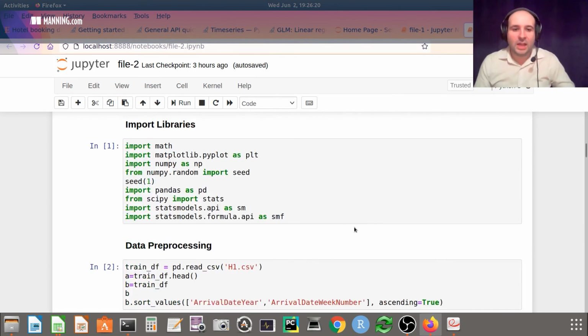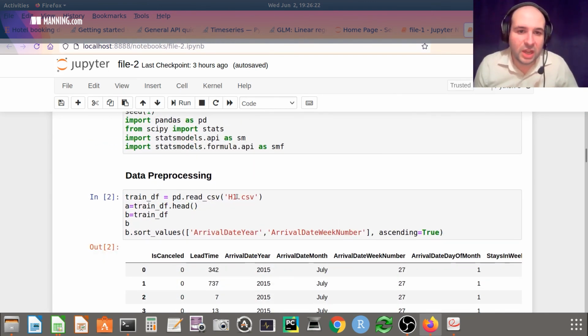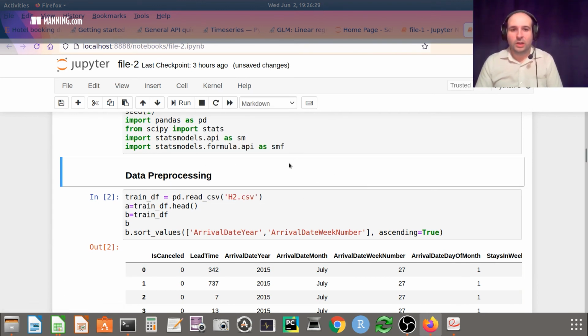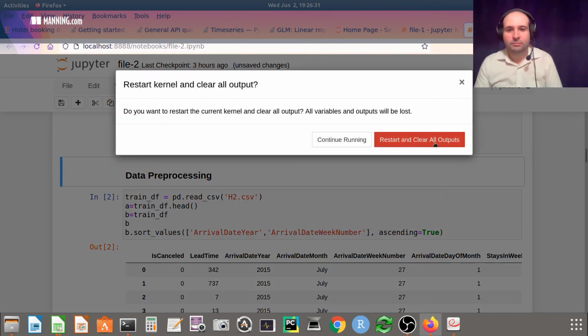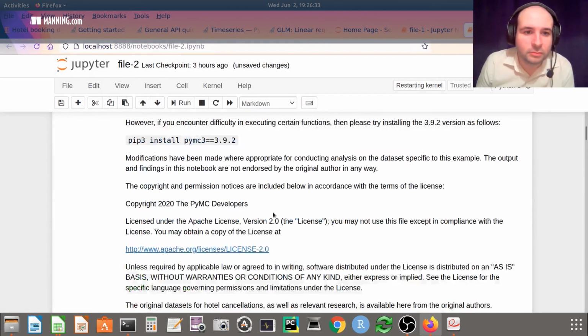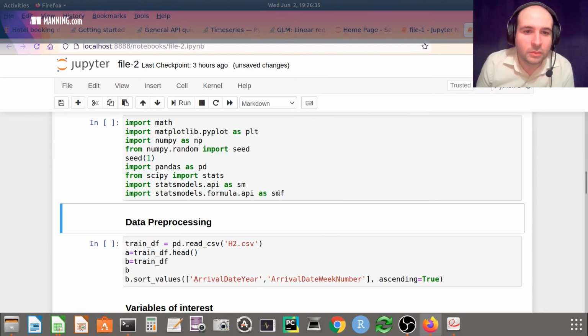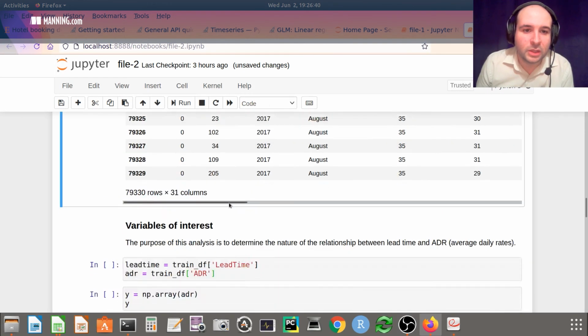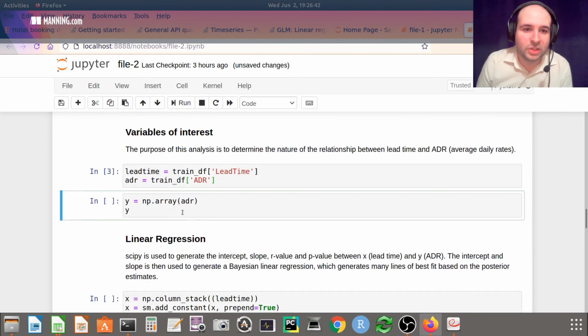Let's have a look at another hotel data set. We've analyzed Hotel 1. Let's analyze Hotel 2. Let me just clear this here, and I will go ahead and just get the new intercept and slope.